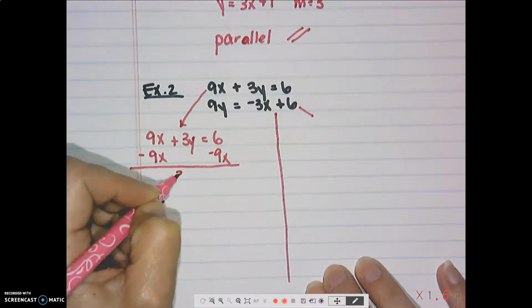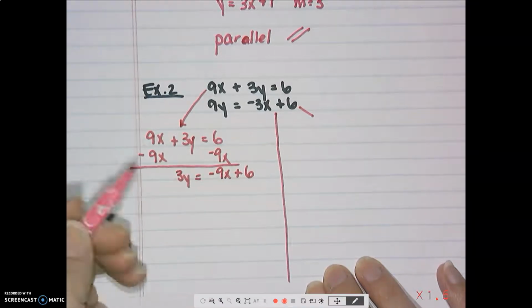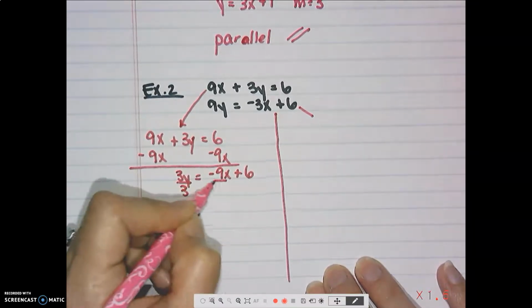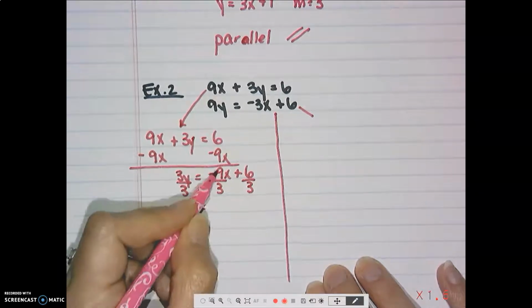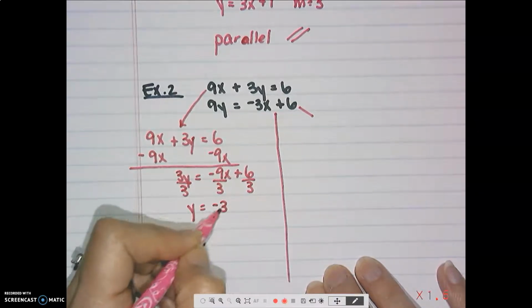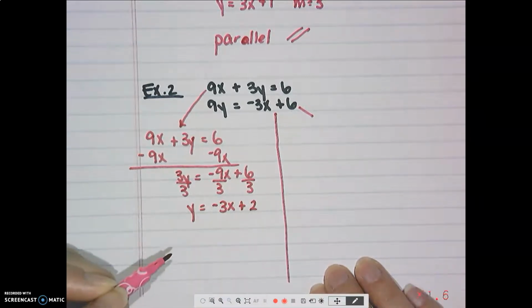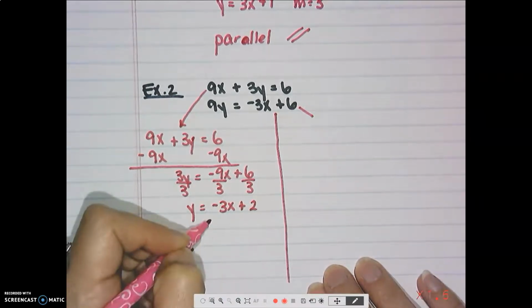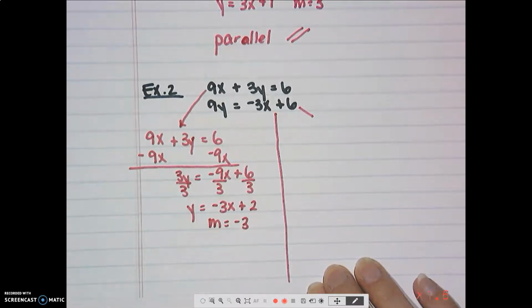So that would give us 3y equals negative 9x plus 6. And then we're going to divide every single piece by 3. Negative 9 divided by 3 is negative 3x. 6 divided by 3 is 2. So here on this side, our slope is a negative 3.